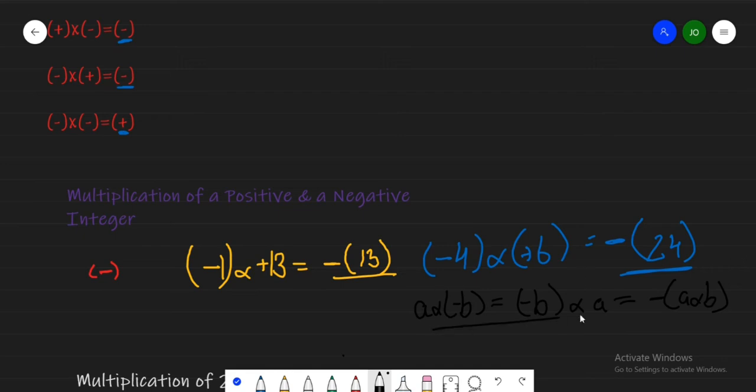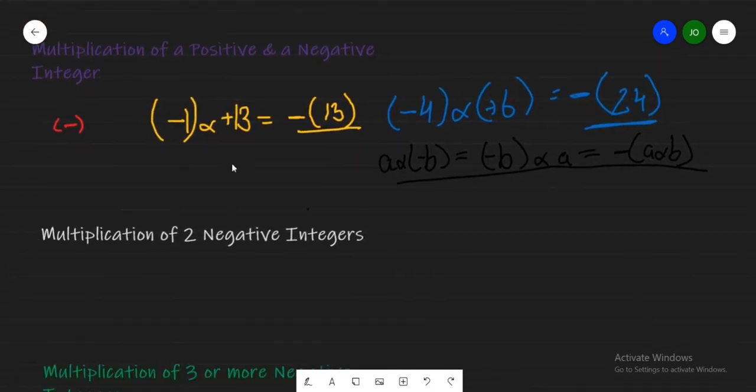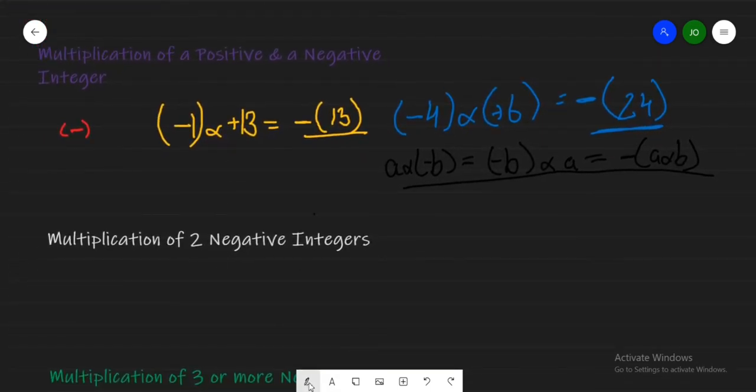So we get to know the following sequence. So now we know how to multiply a positive integer to a negative integer.